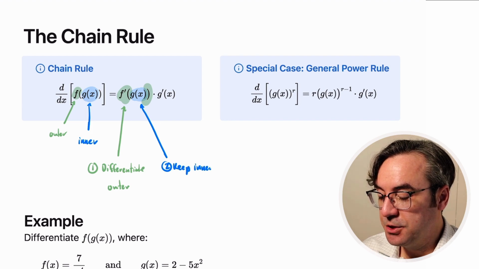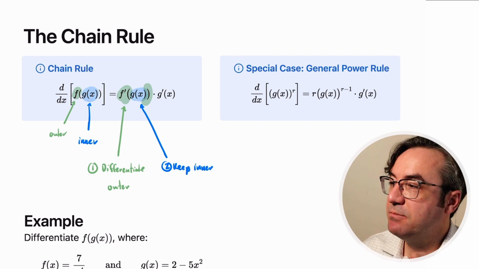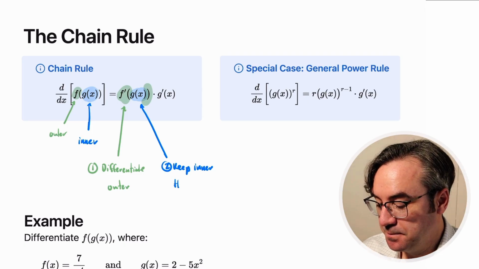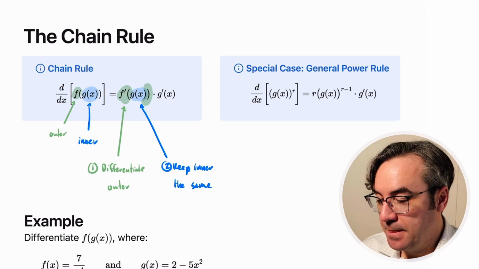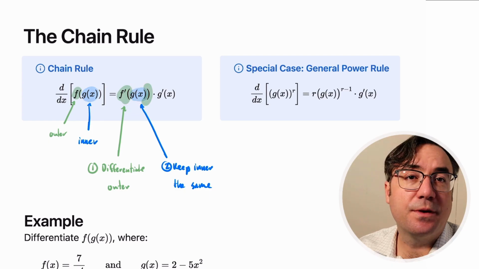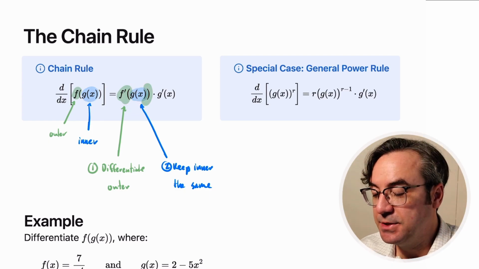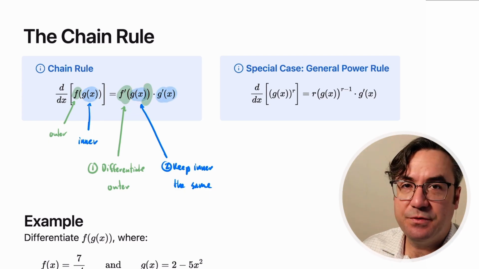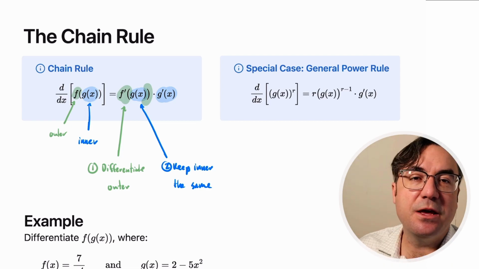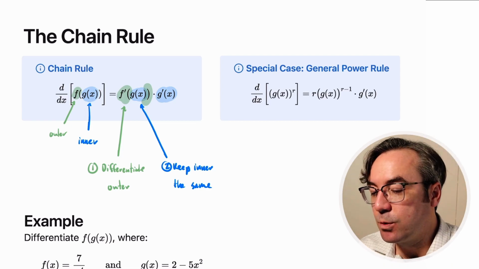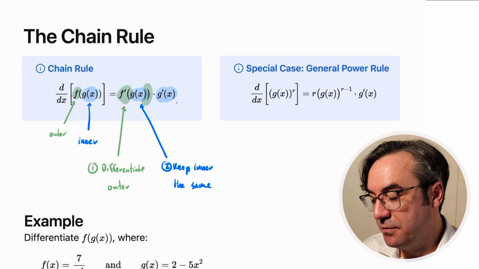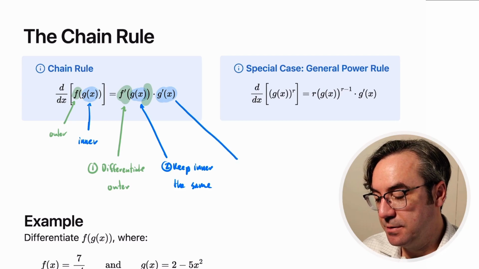So we keep the inner function that's being plugged in exactly the same. We don't make any change. We still do have to eventually differentiate that inner function, but that comes at the end. So after we've differentiated the outer function and kept the inner part the same, we multiply by the derivative of the inner function.